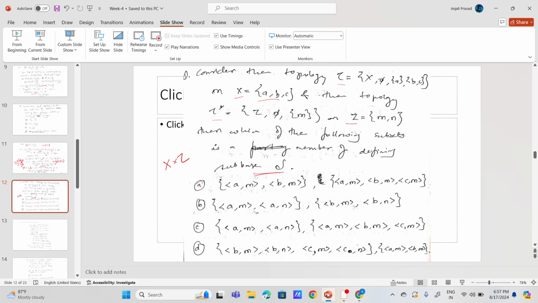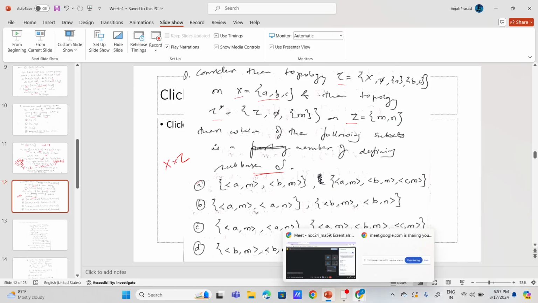Try this question on the screen and let me know the answer. Others who are trying and who have just joined, good evening. Just try to solve this question on the screen.